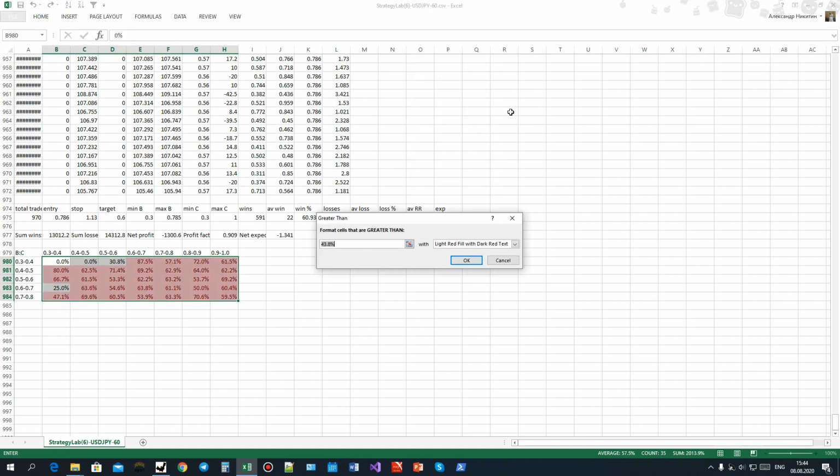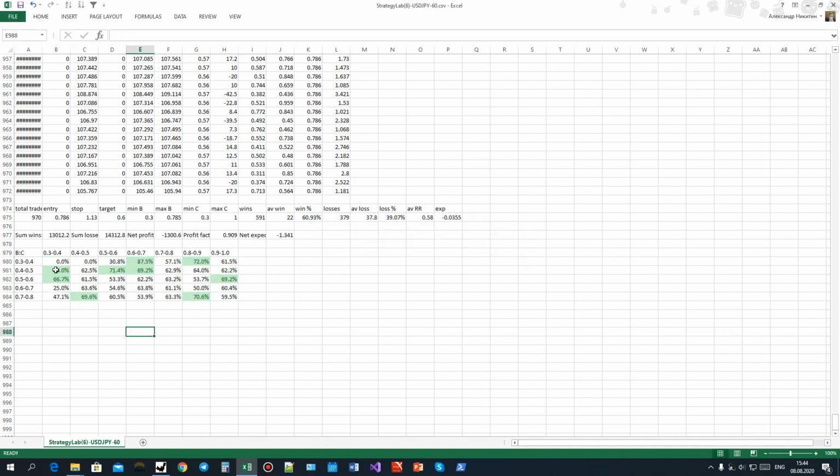Highlight cells greater than, and it should be 65. Okay, so here are they. The best patterns. The greatest probability of win. Okay, just save it.